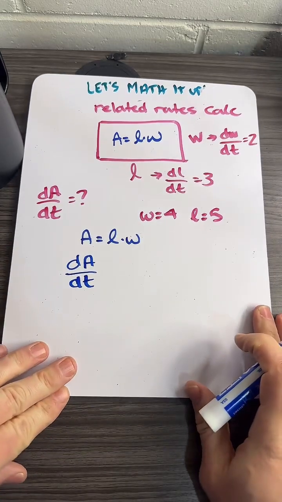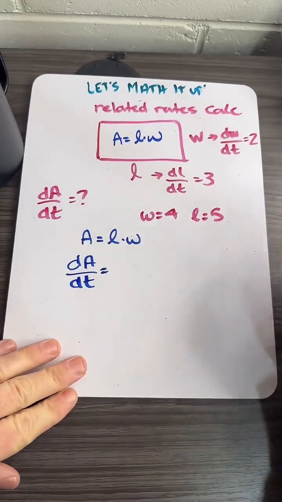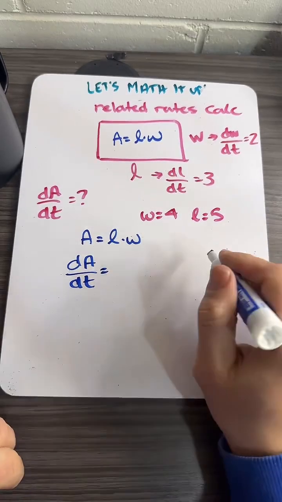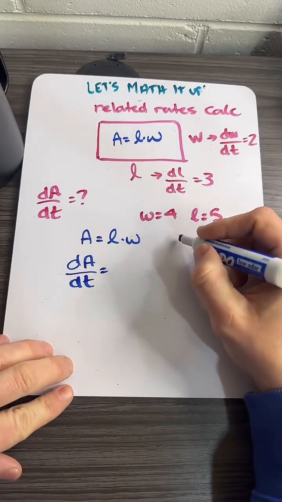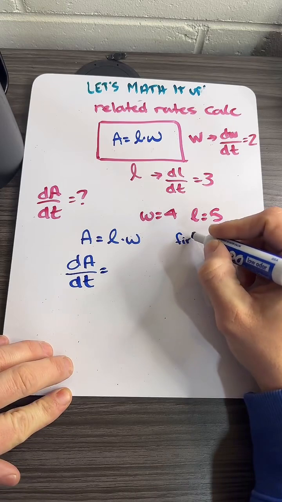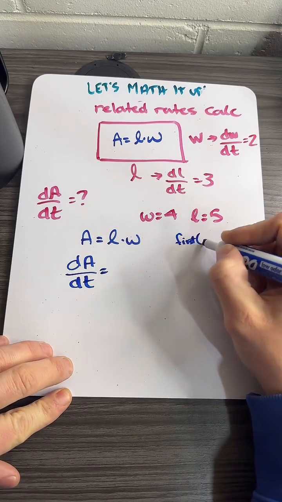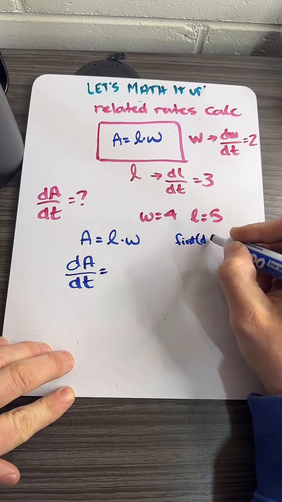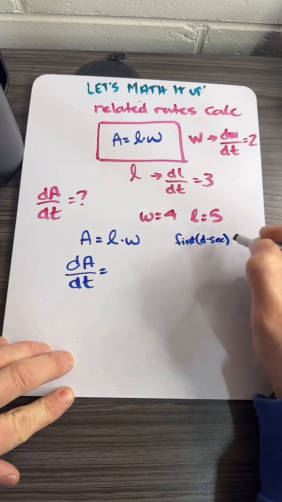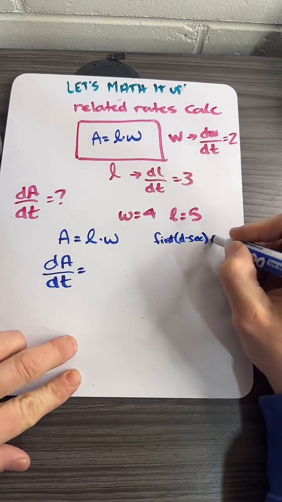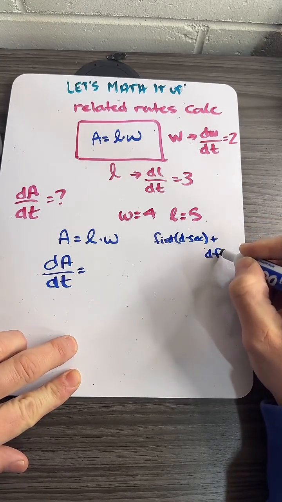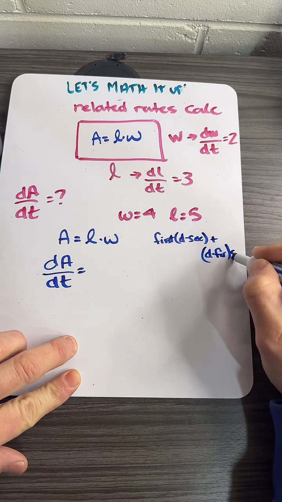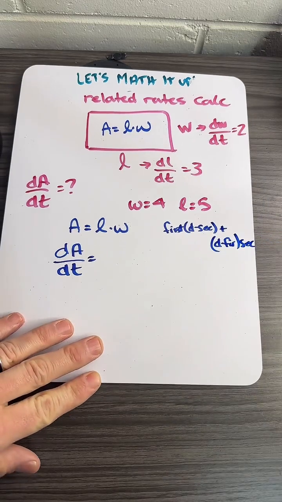All right. dA/dt equals, I'm going to go ahead and do product rule. So the product rule is first, if I can spell, times the derivative of the second plus the derivative of the first times the second. Okay? So that's how we find that.